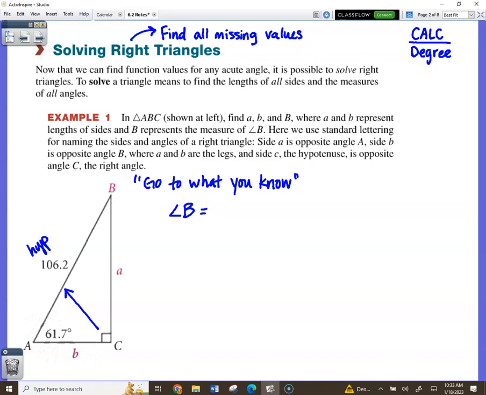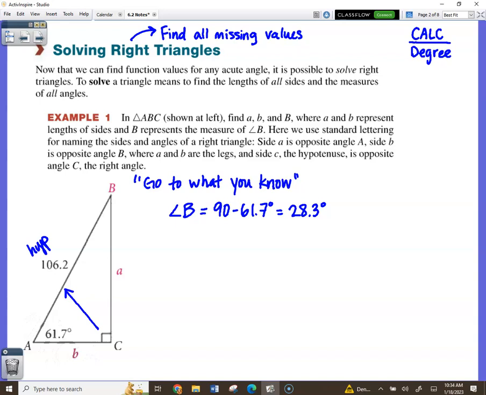So instead of doing 180 minus 90 minus 61.7, you could do 90 minus 61.7. And you'll still get the same answer. It does not matter though. If you go 180 minus, is perfectly fine, if you understand that 90 has to be the sum of the other 2. So angle B is 28.3 degrees.